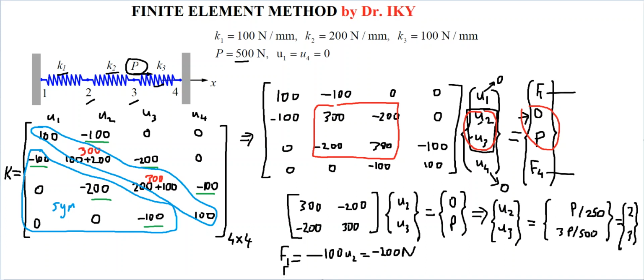And for F4, that is minus 100 U3, that is equal to minus 300 newtons.